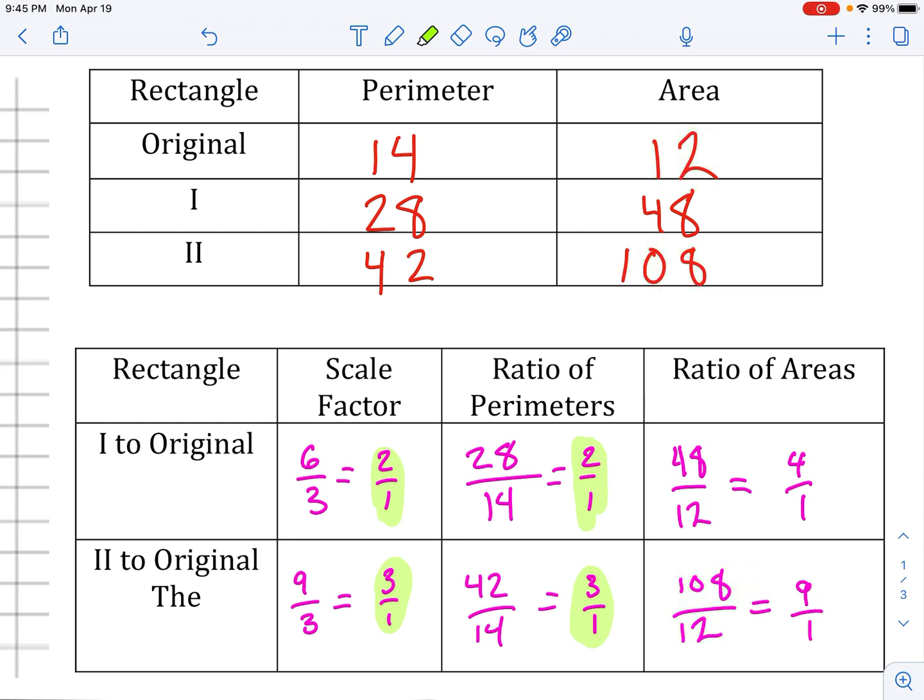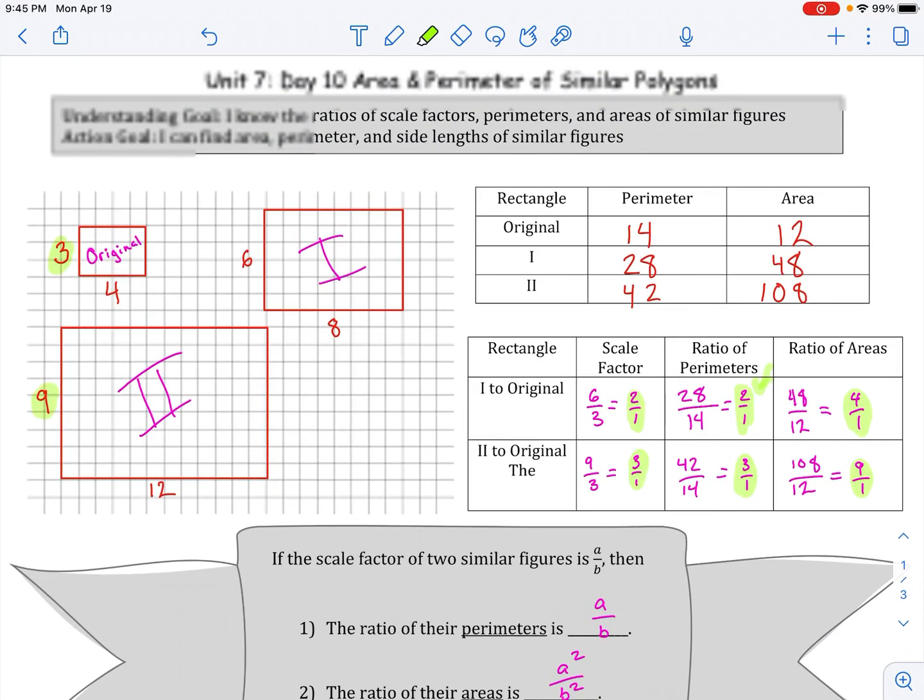How can we figure out a way to relate these? It turns out that this fraction is whatever we got for our ratio fraction, just squared. So 2 squared is 4, and the bottom 1 squared is 1, so we have 4 over 1. Same thing is true down here. 3 squared is 9.